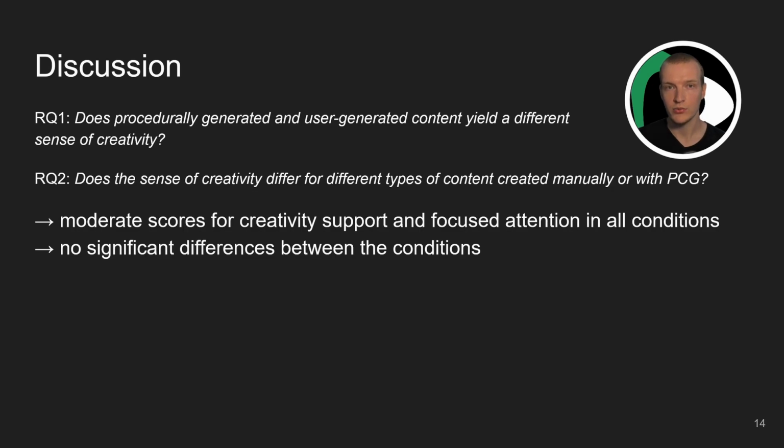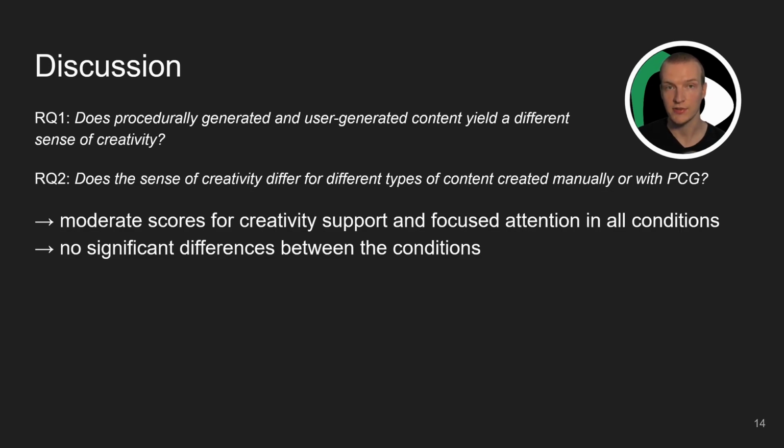We therefore conclude that the prototype functioned as a creativity support tool with a sufficient UX that did not inhibit creative content creation. Furthermore, we found no significant differences between any of the conditions.